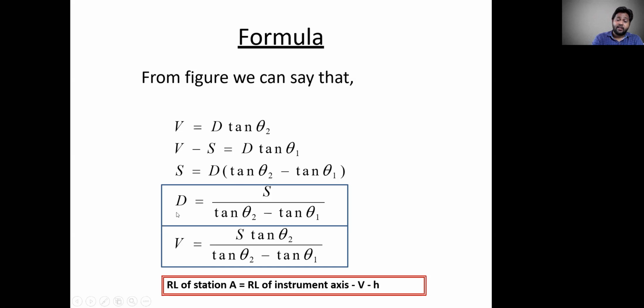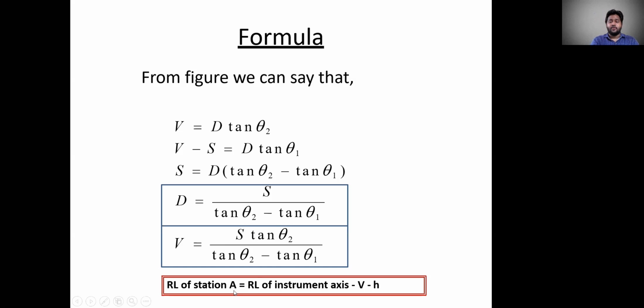So D equals S by (tan theta 1 minus tan theta 2). So V equals, in place of S, substitute this D value: S tan theta 2 by (tan theta 1 minus tan theta 2). That is the formula. Whenever both instrument stations are at depression, we need to use these formulas. Capital D and capital V values, we need to take these values.